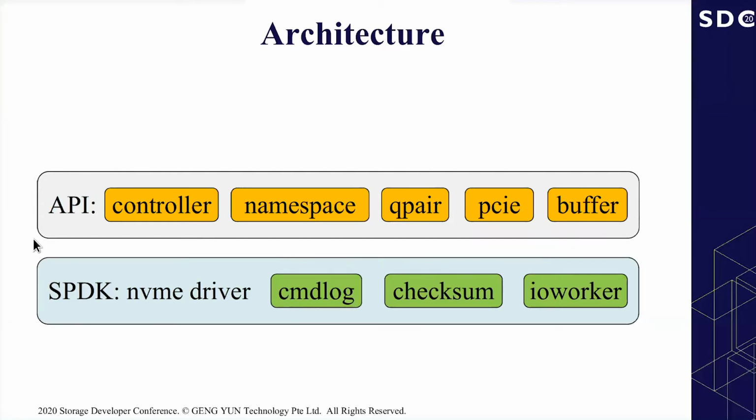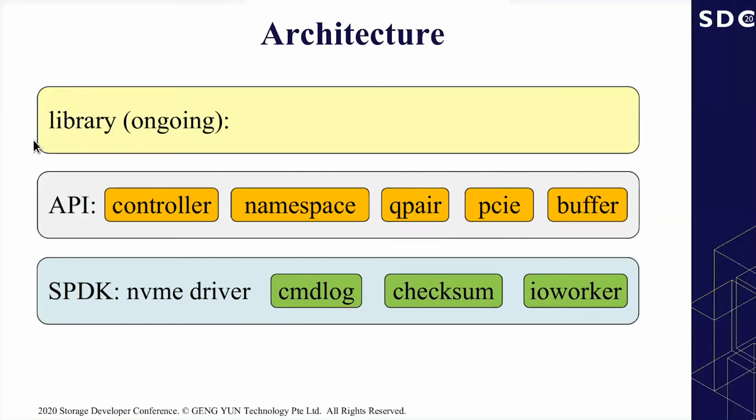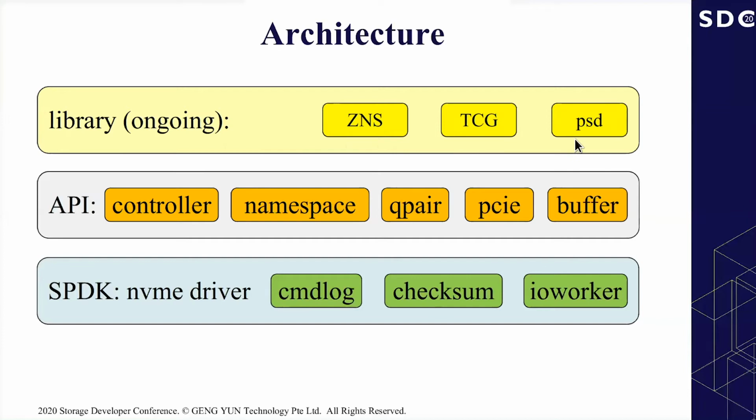In order to help our users write their own tests, we also provide some functions in libraries. For example, ZNS, TCG, etc. PSD is another useful library for NVMe protocol tests.